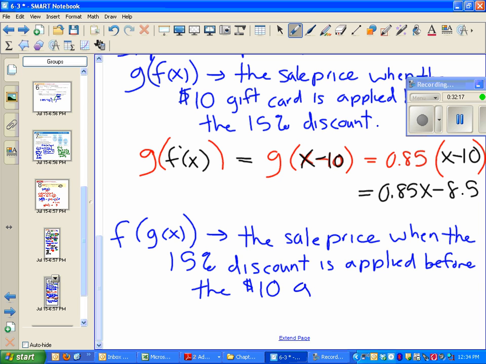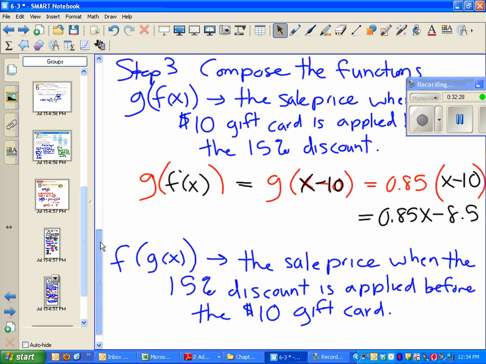It's usually how stores do it, but I've had some salespeople try the other way, and I tell them, no, no, no, please give me the discount first, and then I will give you the gift card.